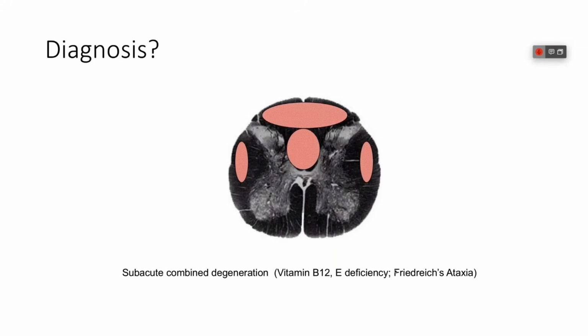So many of the questions have to do with being able to integrate things. There's a number of things that can give you subacute combined degeneration. B12 is certainly one of them, but if they don't have a macrocytic anemia, it's unlikely to be a B12 deficiency. So, perfect.